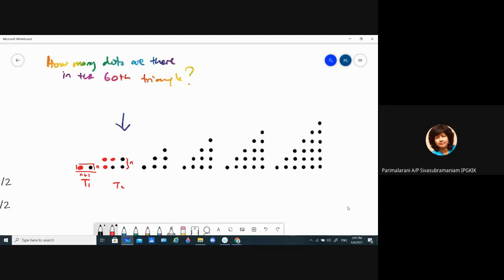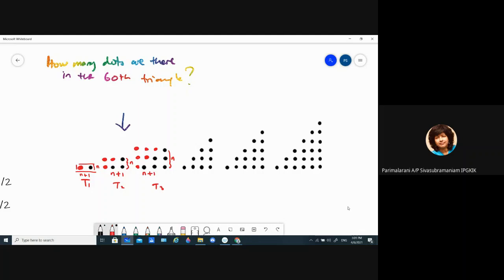On this side, it's still n plus 1, which is 2 plus 1. For term 3, if I add one more dot here, then I have to add here, because I want to make this a rectangle. So what do I get? This side is still n. n is 3 now, term 3. On this side it's still n plus 1, 3 plus 1.